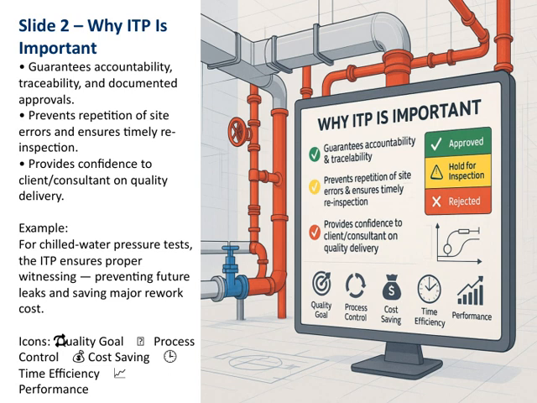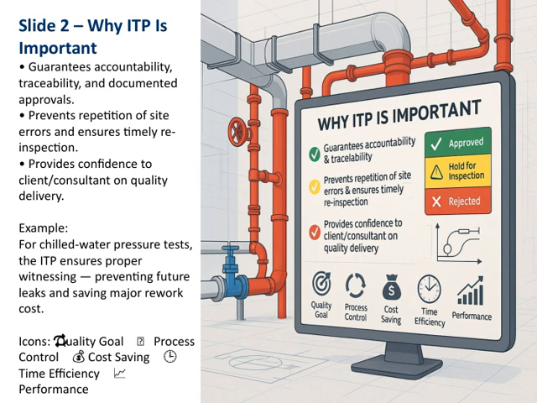Another key benefit is that it provides confidence to our clients and consultants. When everyone can see that quality checks are in place and properly documented, it reassures them that the work is being delivered to the highest standards. For example, think about chilled water pressure tests. With an effective ITP, witnessing these tests ensures they are done correctly the first time, which prevents future leaks.